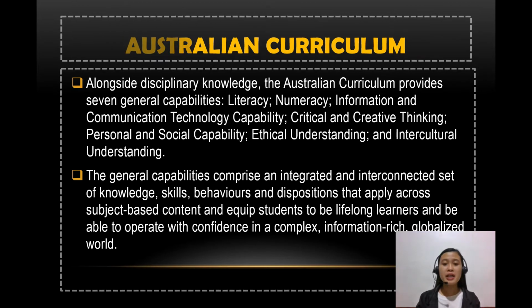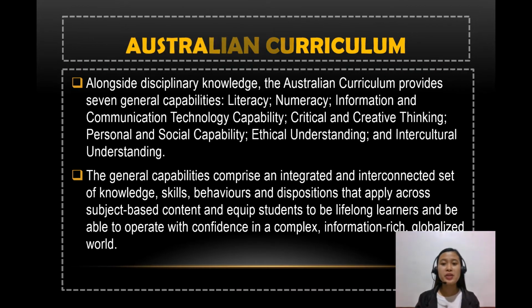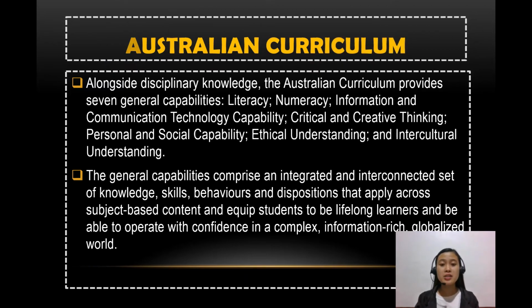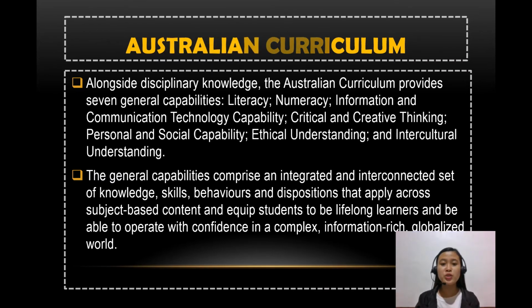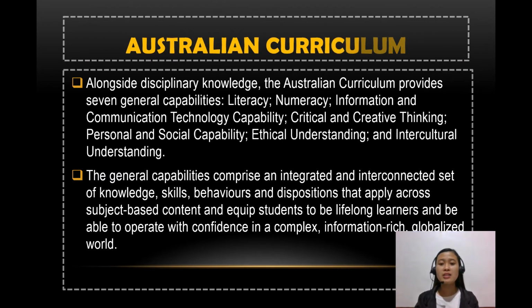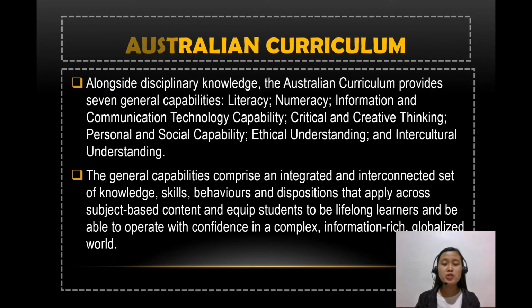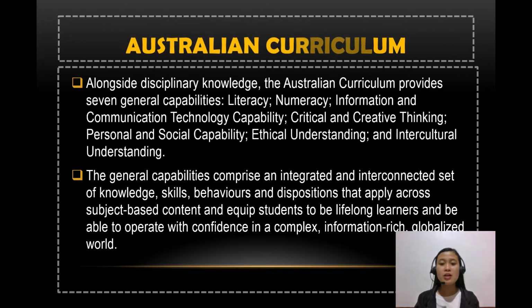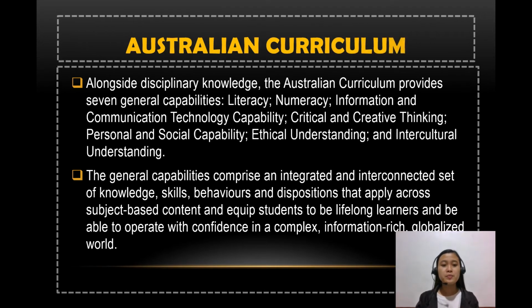Alongside disciplinary knowledge, the Australian curriculum provides 7 general capabilities: literacy, numeracy, information and communication technology capability, critical and creative thinking, personal and social capability, ethical understanding, and intercultural understanding.